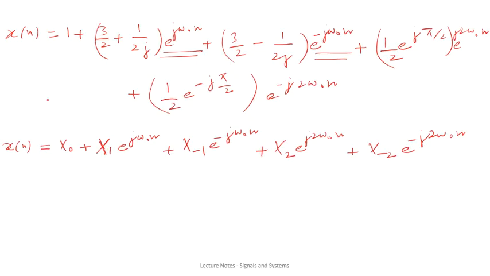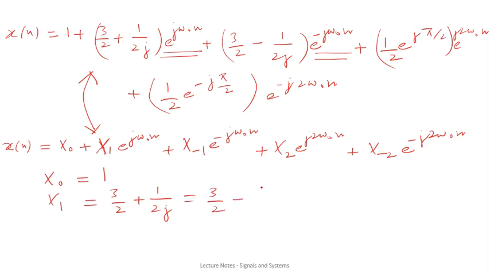So you have to compare these two equations which you have written, that is this equation and this upper equation. By comparing this, you can get the value of X0 as 1, X1 can be 3 by 2 plus 1 by 2j, or it can be written in some more simplified way as this.